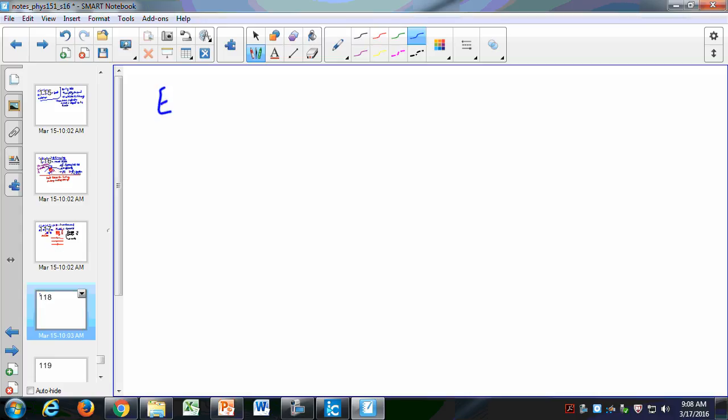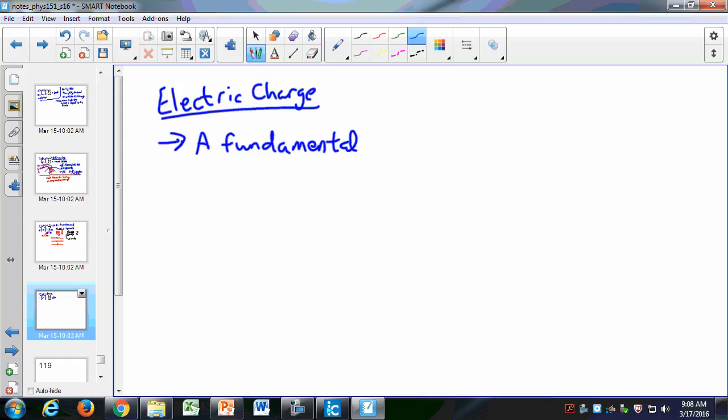Electric charge. It's a fundamental property of matter, and you can think of it akin to mass.